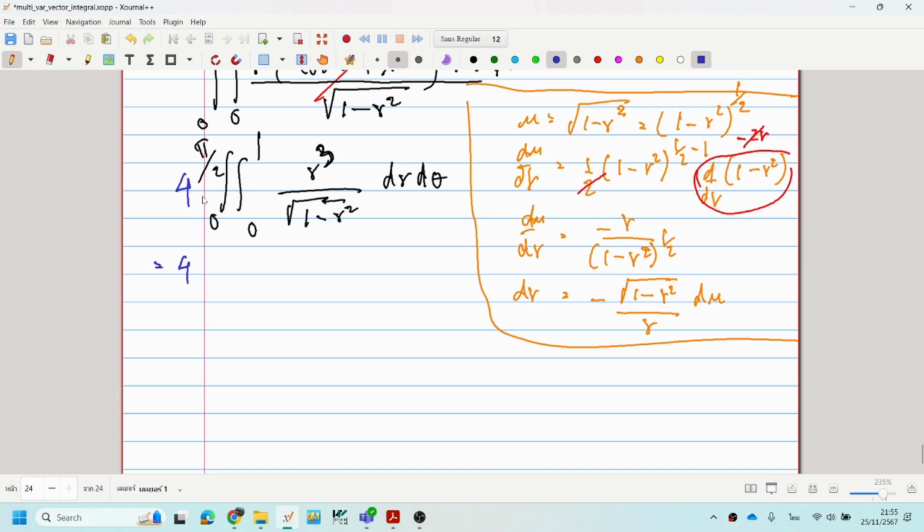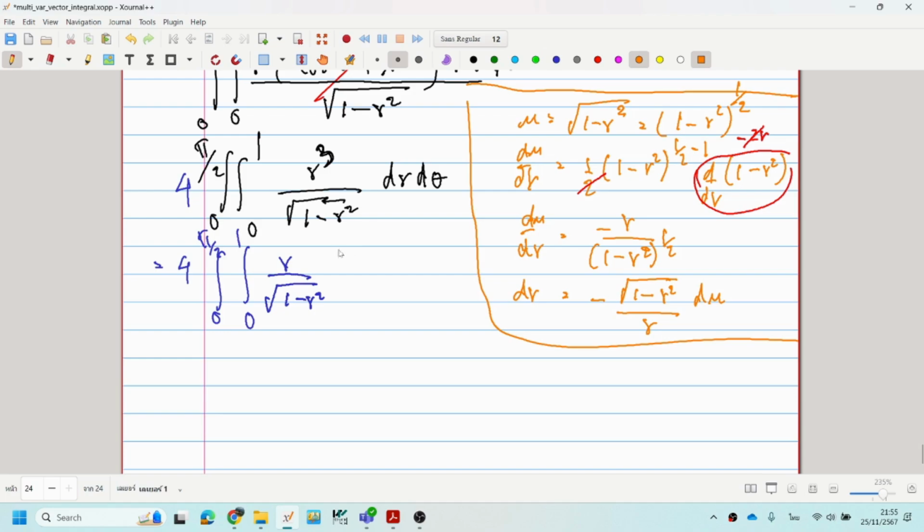We still have 4 times the double integral, 0 to pi over 2, 0 to 1, r minus r squared, right?